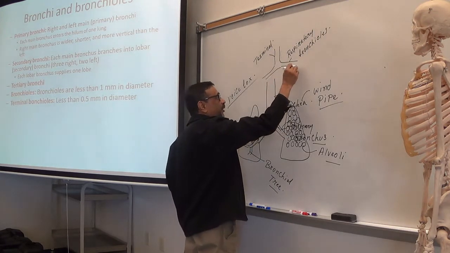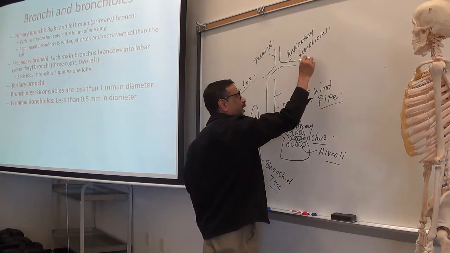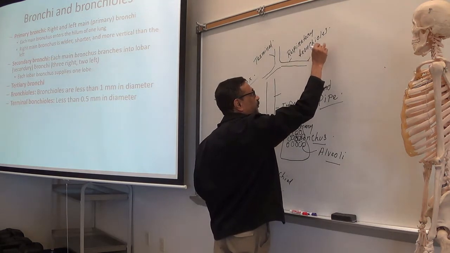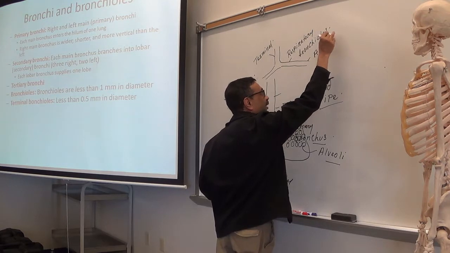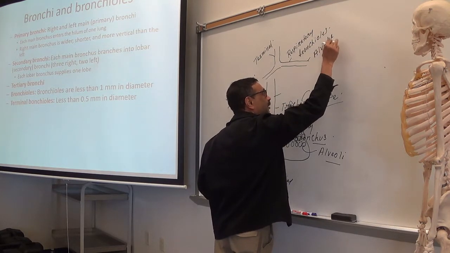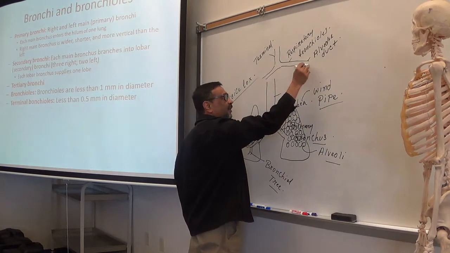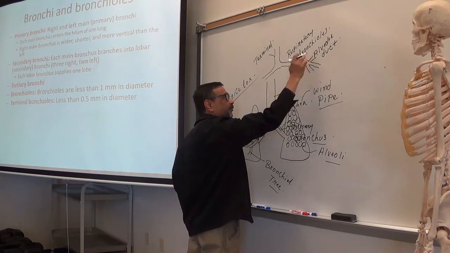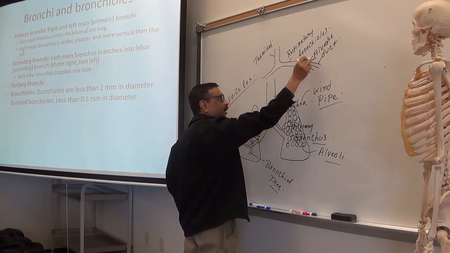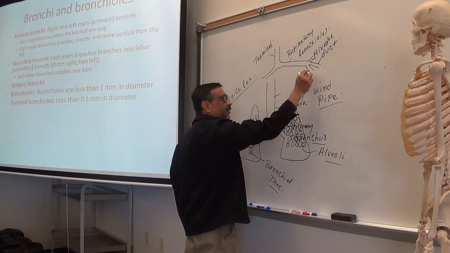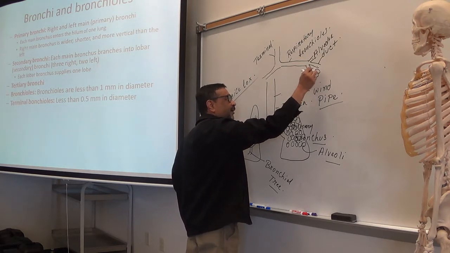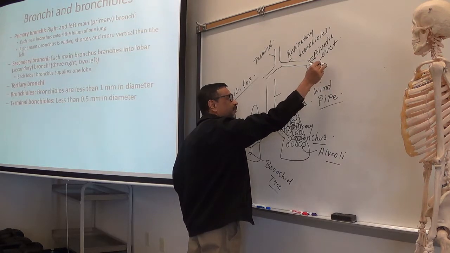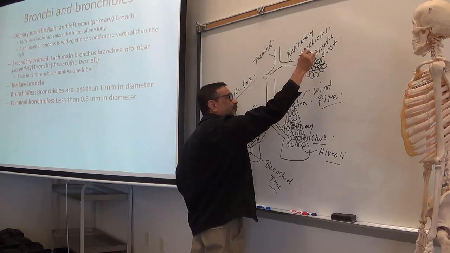And then respiratory bronchiole becomes alveolar duct. So these are alveolar ducts, and alveoli are attached to the alveolar duct like this. So these are the alveoli attached to the alveolar duct.